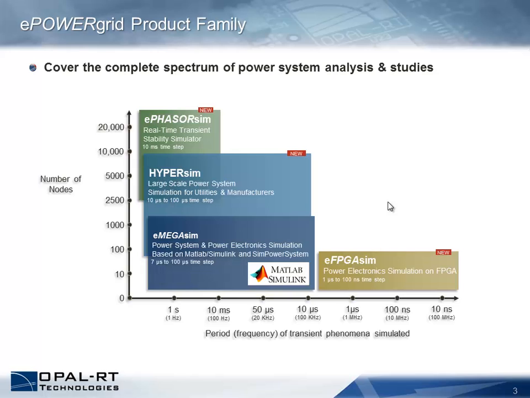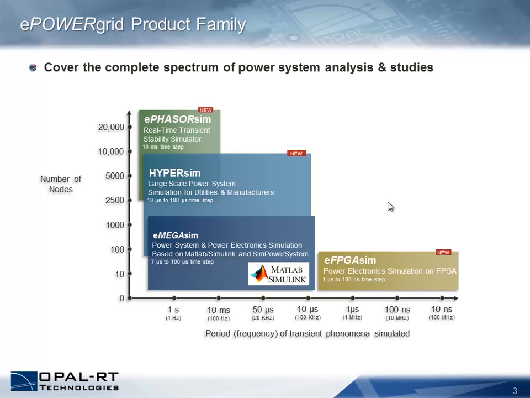So, at the fastest times, you have eFPGA-Sim, where you can go down to the hundreds of nanoseconds, up to tens of nanoseconds, to simulate your very fast electronic switching phenomena. But of course, if you're going that fast, you're not going to have a network that is that big. You're going to have a certain number of nodes there.